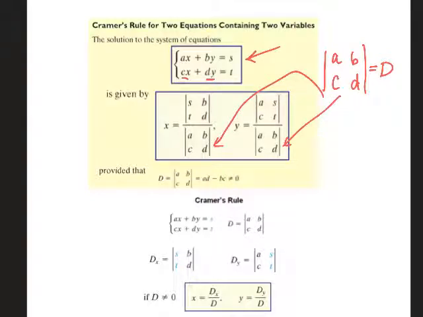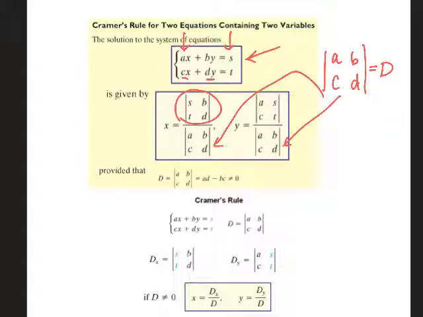If you want to solve for x, you have to find the numerator's determinant, which is actually the same thing as the bottom, but we replace the coefficients of the x with the solution values. And then for the y, we do the same thing.